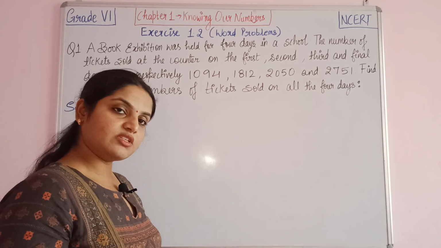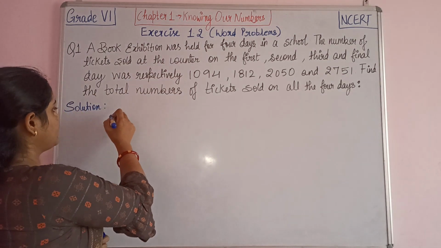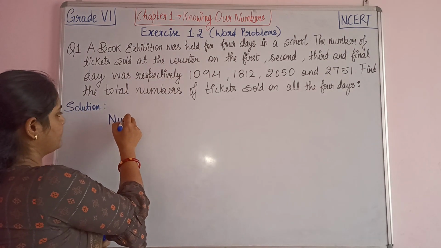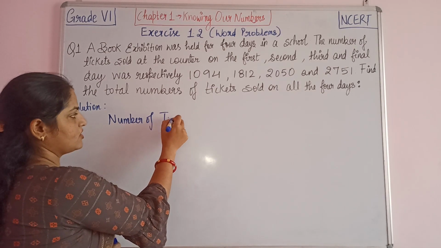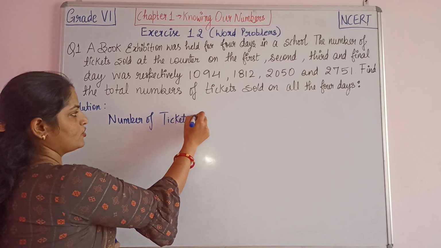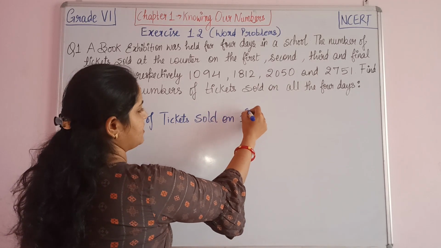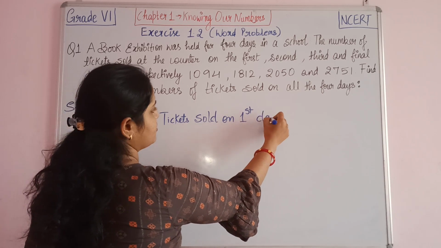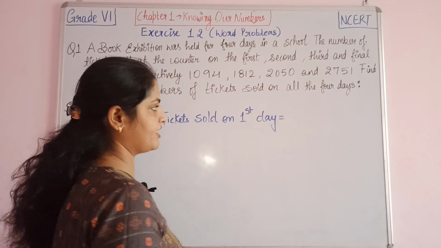तो let's write down the statements for this first. First will be number of tickets sold on first day. How many tickets sold on first day? On first day 1094 tickets were sold.